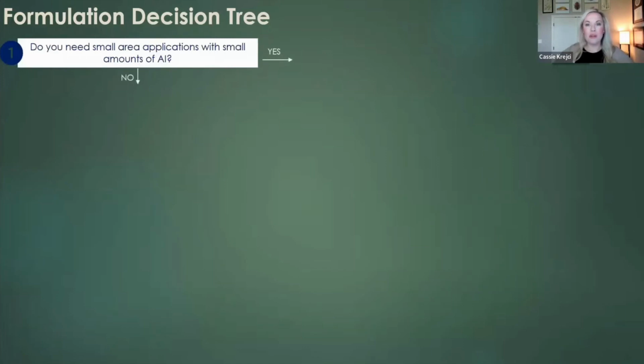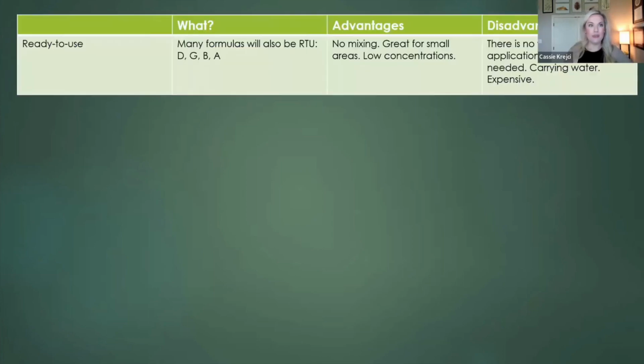So starting with, do you need a small amount, or do you need small area applications with small amounts of AI? If your answer is yes there, you're going to dive right into your ready-to-use products. So ready-to-use products, there's a lot of different formulas that would fall into the RTU category: dust, granules, baits, aerosols.